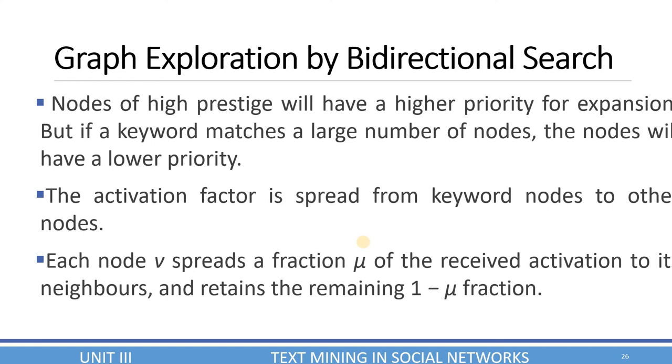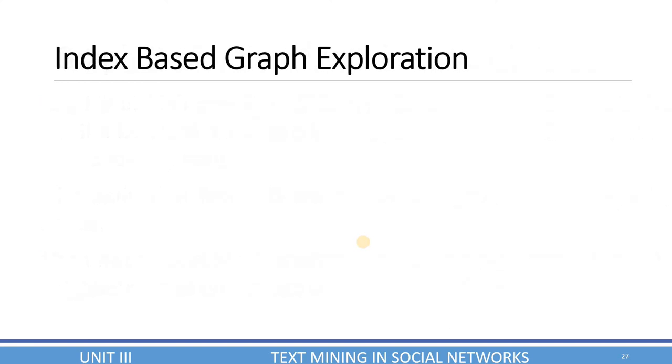So here every node divides the activation factor among its neighbors, all the incoming neighbors. So it solves the problem of the backward search algorithm of distance balance across the nodes.